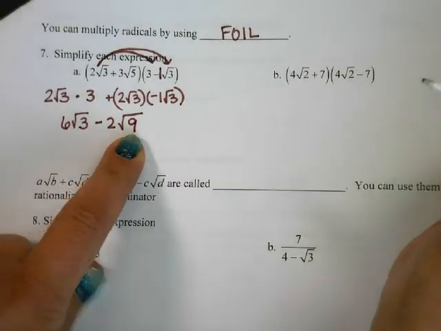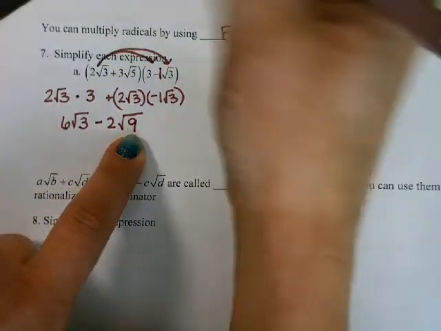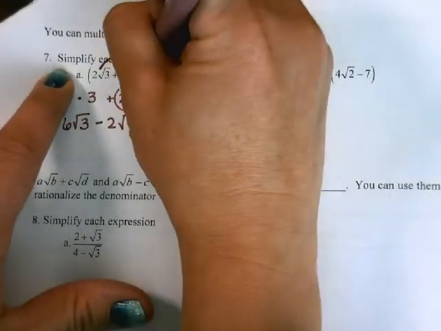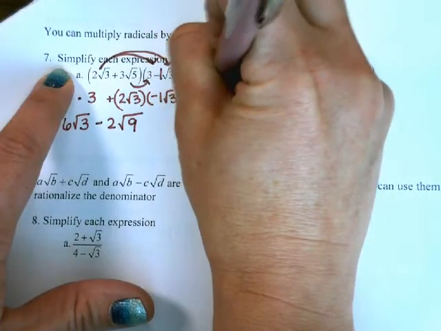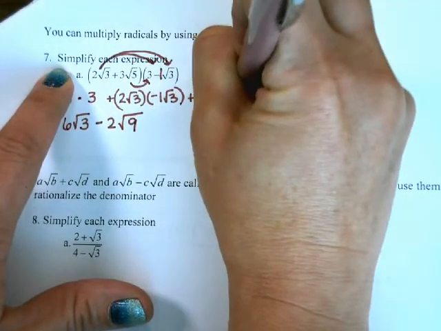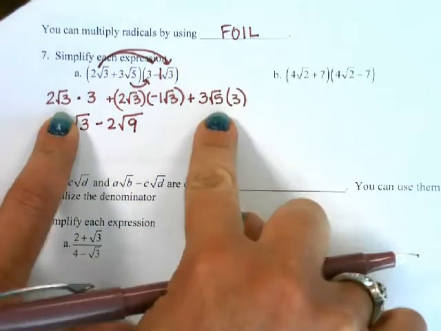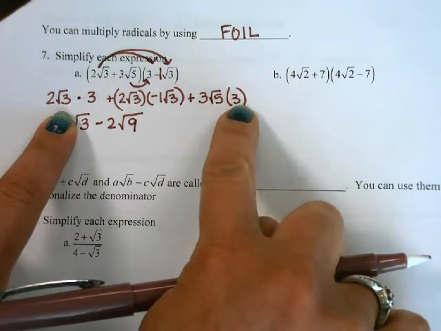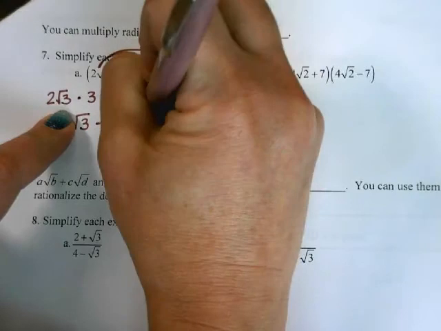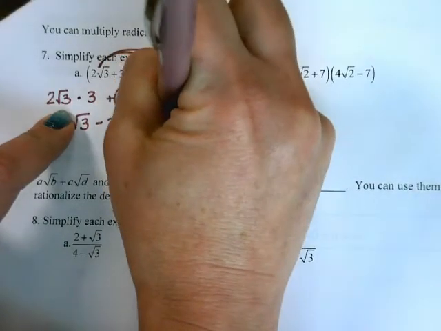So that was first and the outsides. Now I'm going to do the insides. Plus 3 root 5 times 3. Just like the first one, it doesn't have an inside of a radical, so 3 times 3 is 9 root 5.